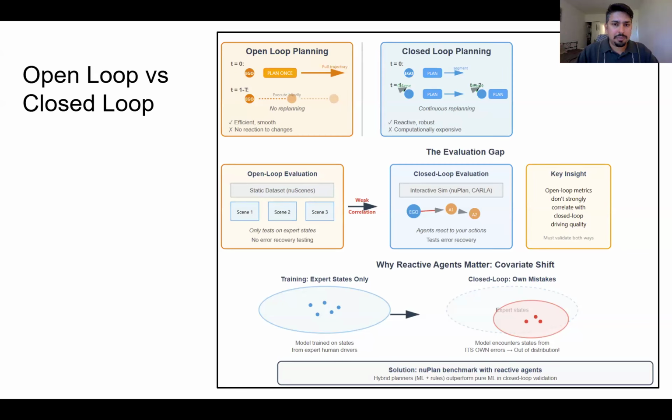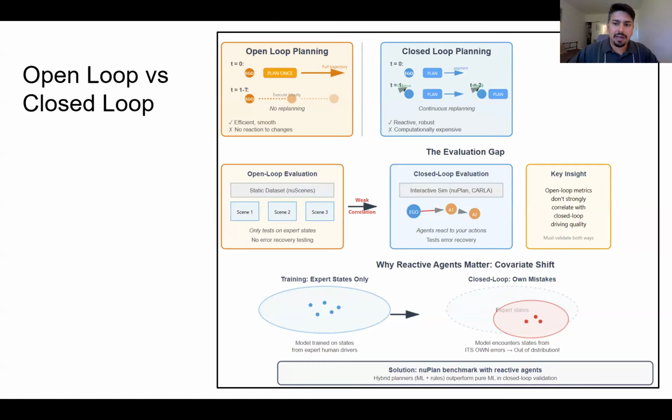So these two things can be thought of as different, and open loop planning can be evaluated, but it is fast and efficient, though it's not reactive to other agents. And closed loop planning is more realistic and robust, but it is computationally slow. So there's a fine balance to strike here.